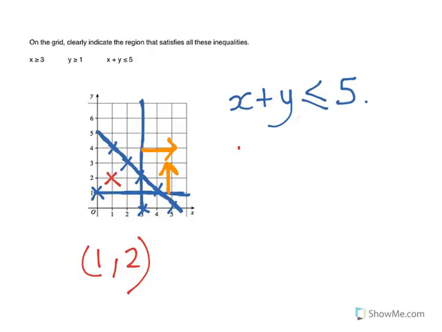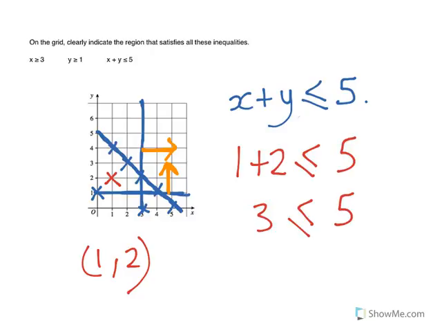So when x is 1 and y is 2, is this statement true? 1 plus 2, which is 3, is less than or equal to 5. That is true because 3 is less. So because it's true, I will shade that side of the line. Had that statement been false, I would have then shaded the opposite side to where my point was.